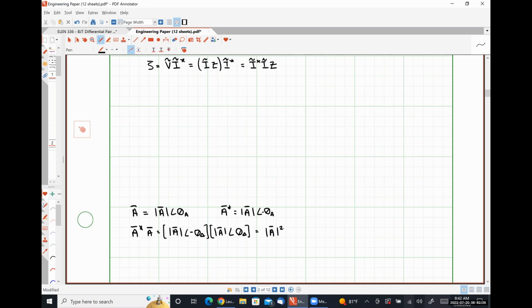So anytime we have a complex number multiplied by its conjugate, we just get the square of the magnitude.